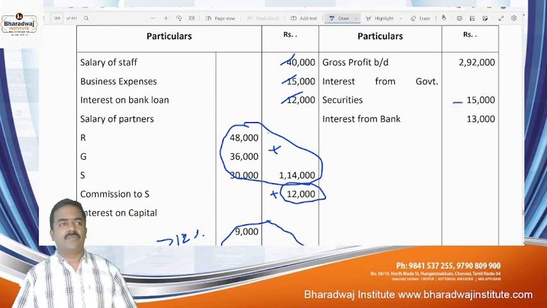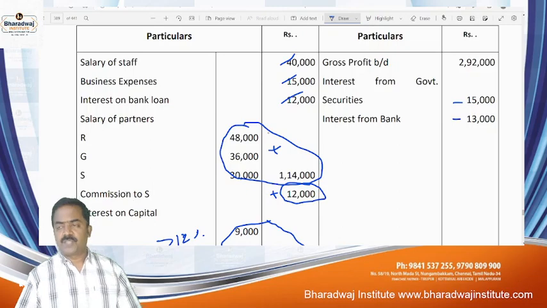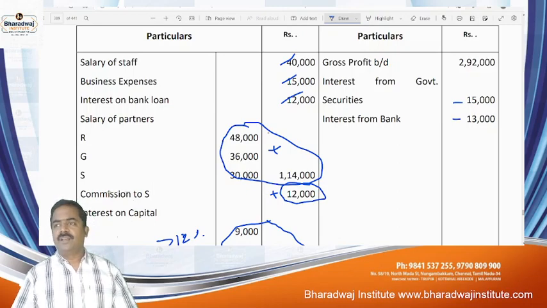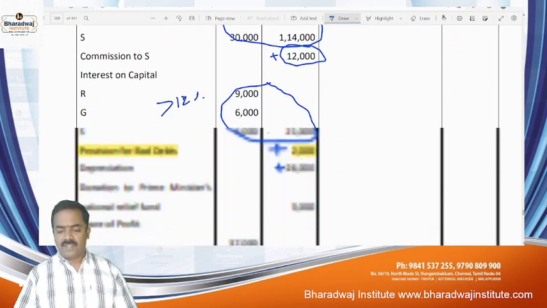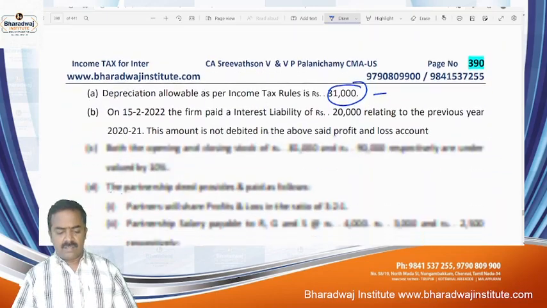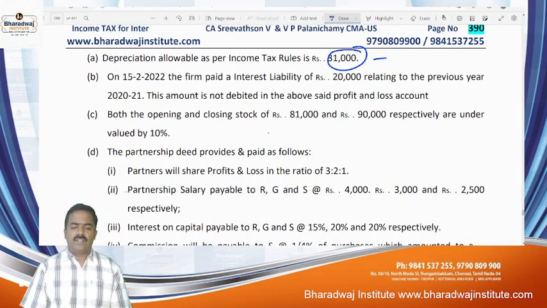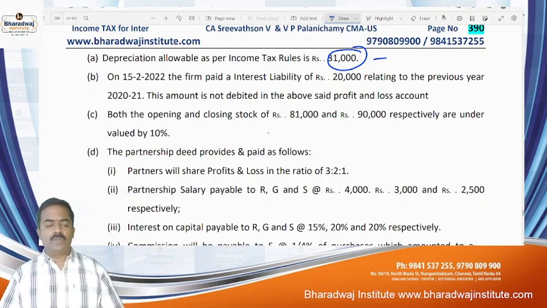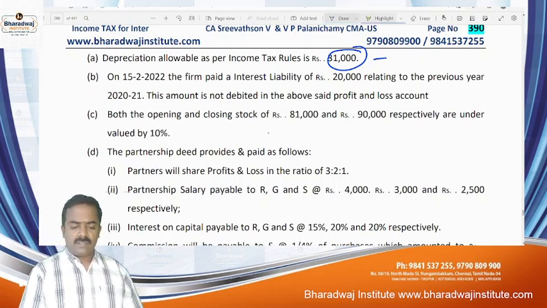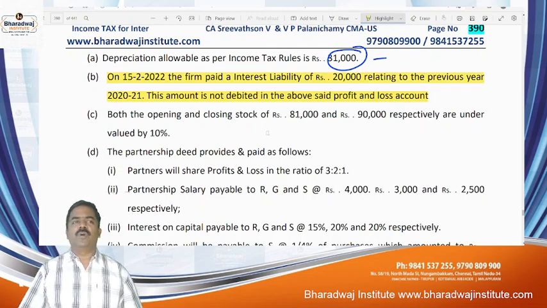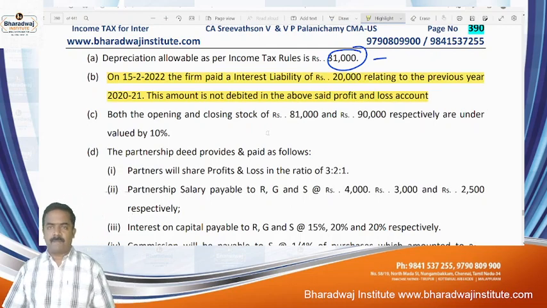That belongs to income from other sources. Interest from bank also belongs to income from other sources, we will eliminate. Then look at depreciation allowable as per income tax rules, we will claim it. Go through this point and tell me whether anything comes to your mind.